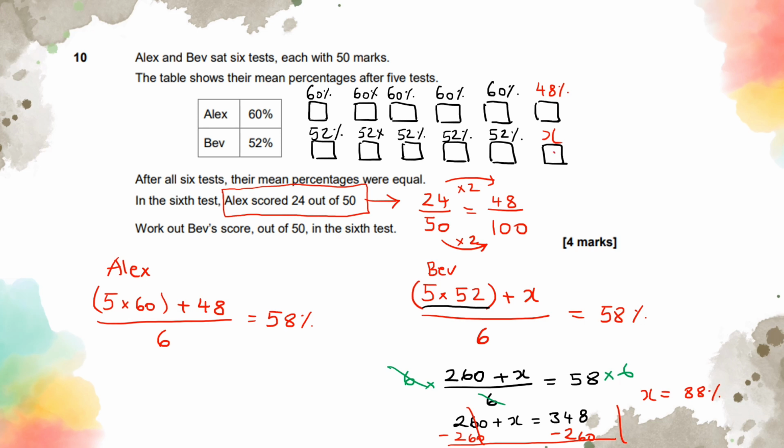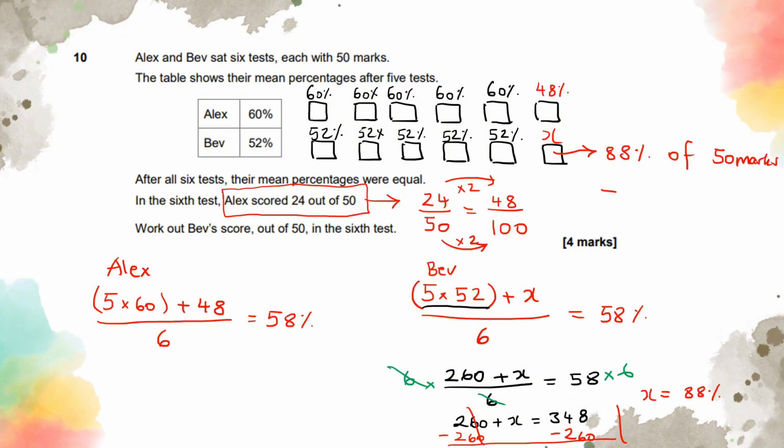So this section here, it was 88%. Okay. Now, each of these tests is actually out of 50 marks. That means you are looking for 88% of 50 marks.